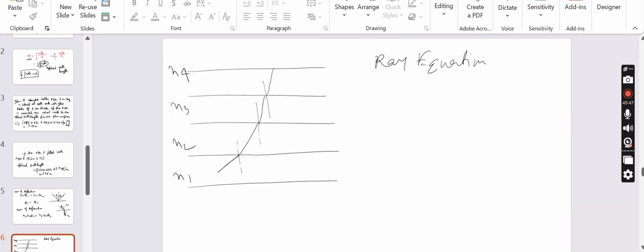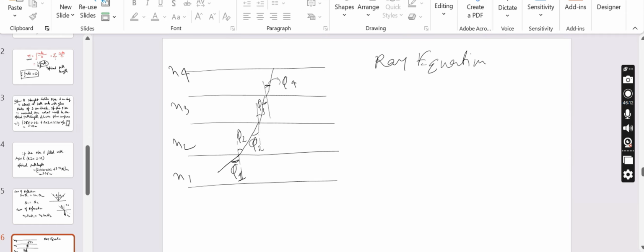So when this occurs, this is the angle of incidence, this is the first angle of refraction, this will be phi 2, and this will be phi 3. Similarly, this will be phi 3 and this will be phi 4.